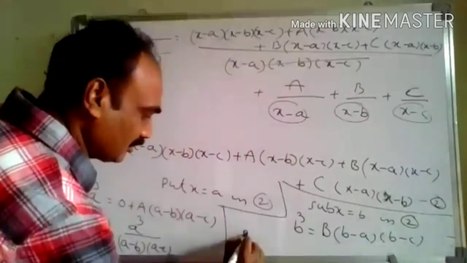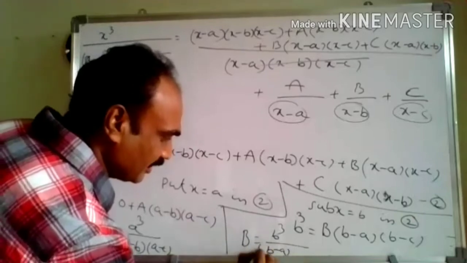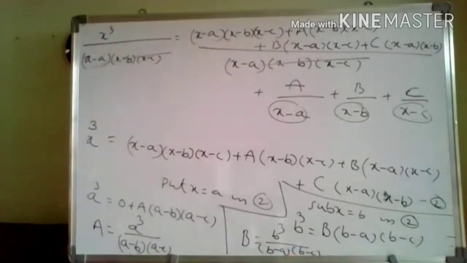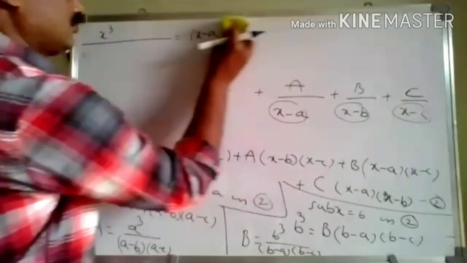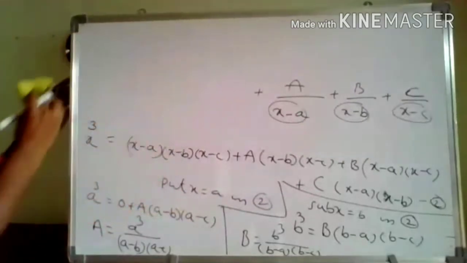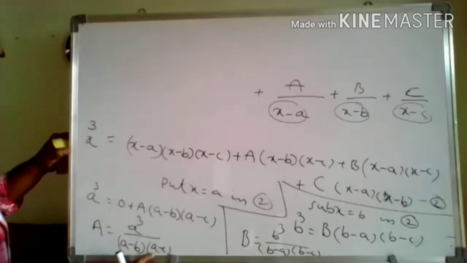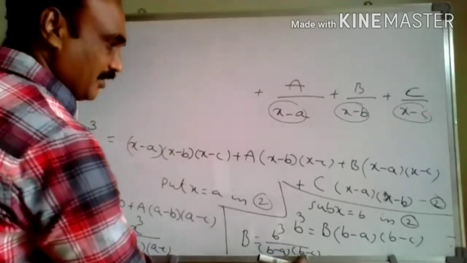So capital B is equal to b cube by (b minus a) into (b minus c). A is equal to a cube by (a minus b) into (a minus c). B is equal to b cube by (b minus a) into (b minus c).